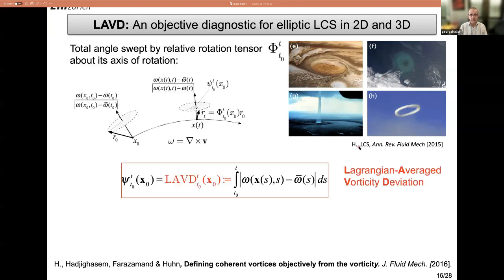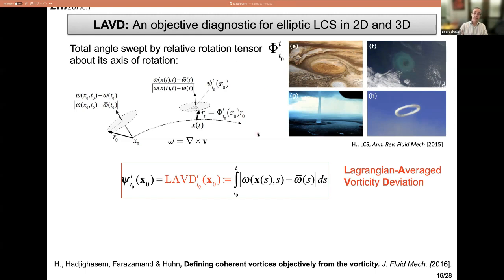So it turns out, and I'm not going to give you the explanation because I know I'm using up a lot of time, that there is a relative rotation tensor that you can extract from the polar rotation tensor that tells you how you rotate relative to the mean rotation of the flow, represented by the mean vorticity.